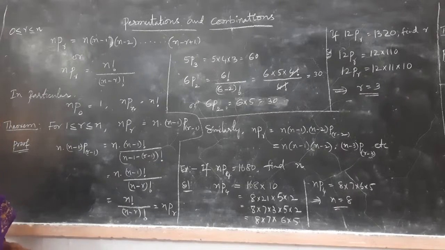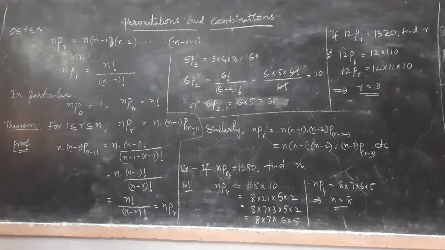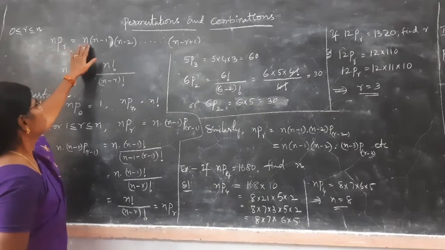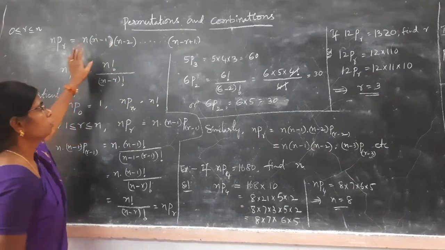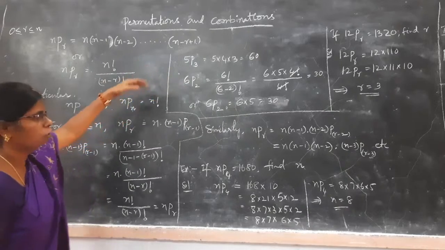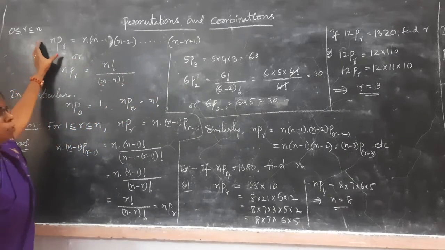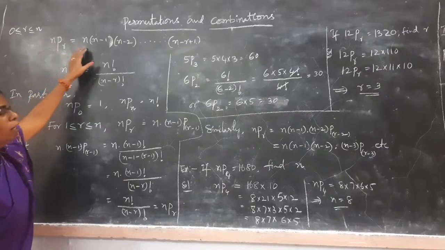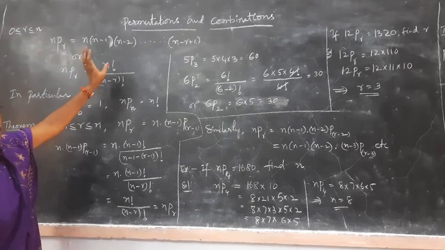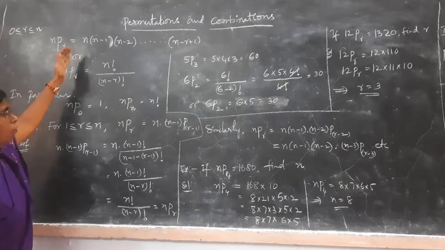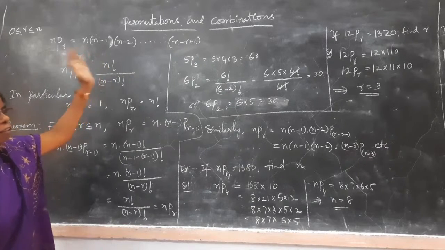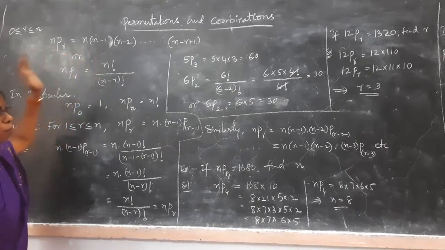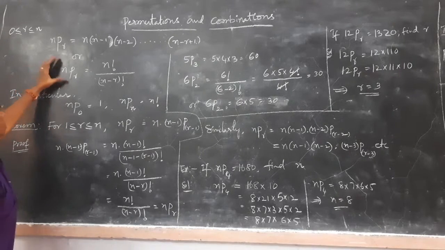See students, our nPr is equal to n into n minus 1, n minus 2 and so on, n minus r plus 1. Just now in previous theorem we proved this, that is nPr means the product of r consecutive integers beginning with n into n minus 1. అలాగా r నెంబర్స్ మనం ప్రోడక్ట్‌గా చేస్తాం. సో దీన్ని ఇలా కూడా రాయొచ్చు.